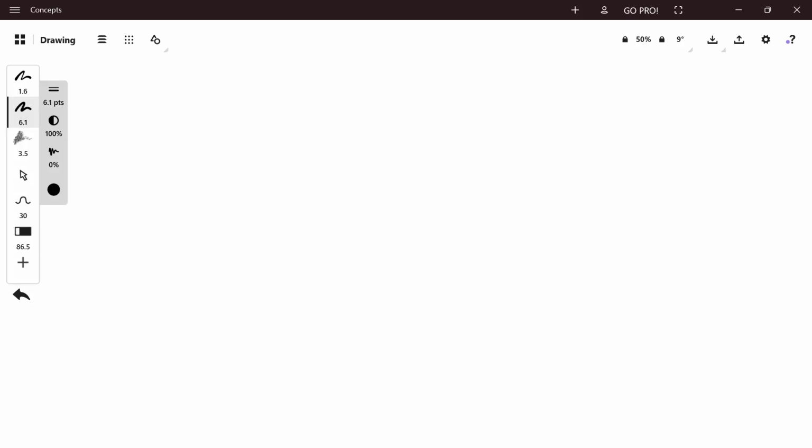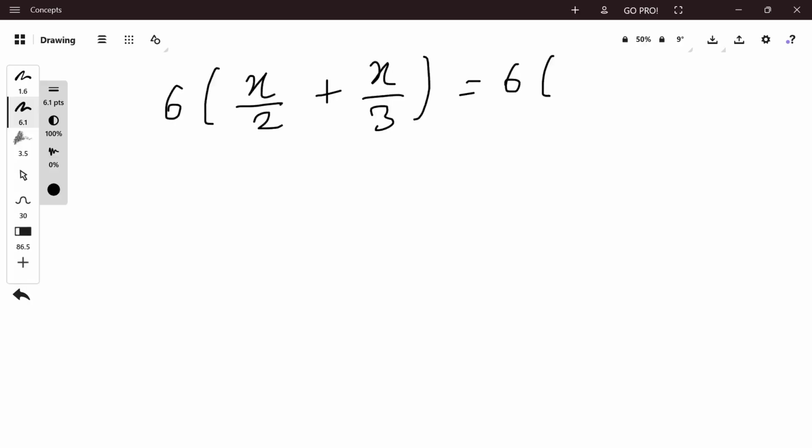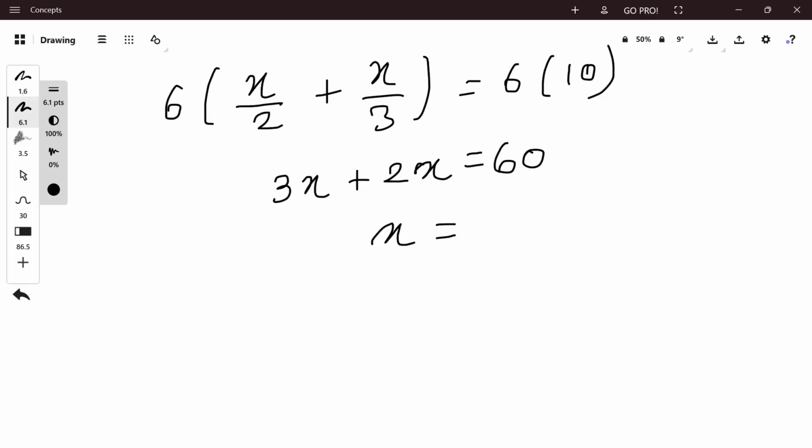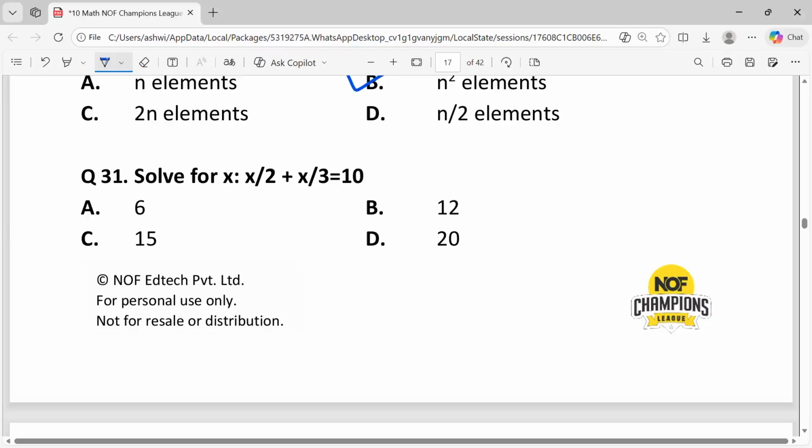Multiplying the equation by 6, we have 6 times (x by 2 plus x by 3) is equal to 6 into 10. Simplifying the equation, we have 3x plus 2x is equal to 60. That gives us x is equal to 12. From the given options, the answer is B, 12.